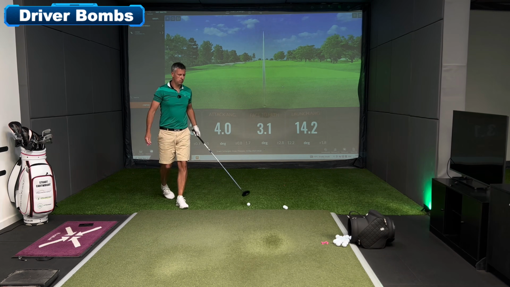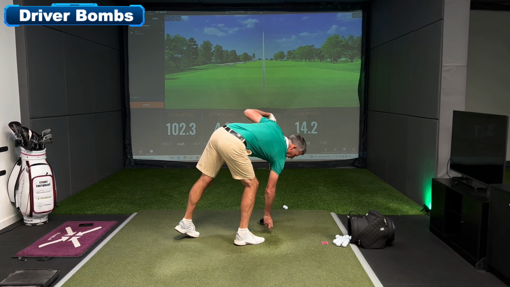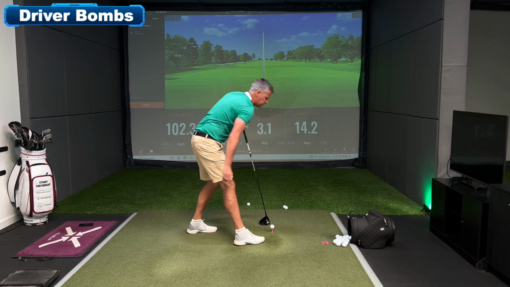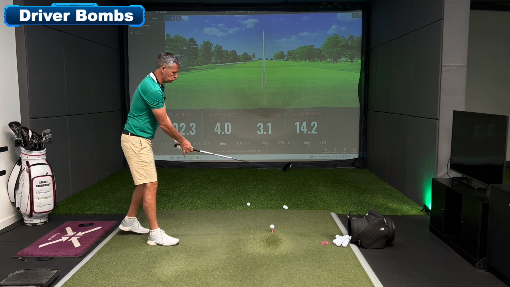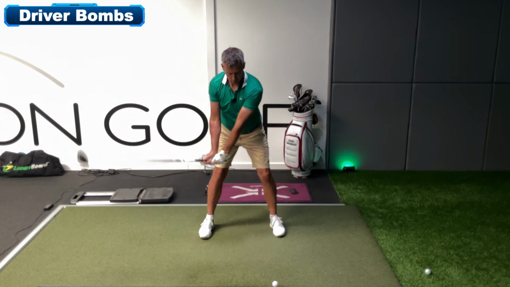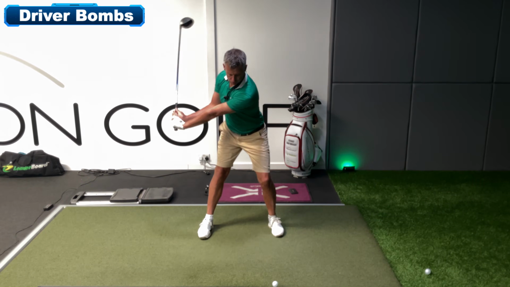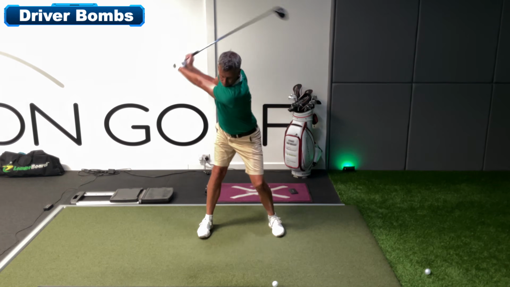I know I've hit up a couple of degrees more there. Face is a little bit more open. I'm going to really try and square that up if I can. But already you're starting to see a much higher launch angle with the golf ball. But what you can also see is that I'm battling to keep it from bending to the right.